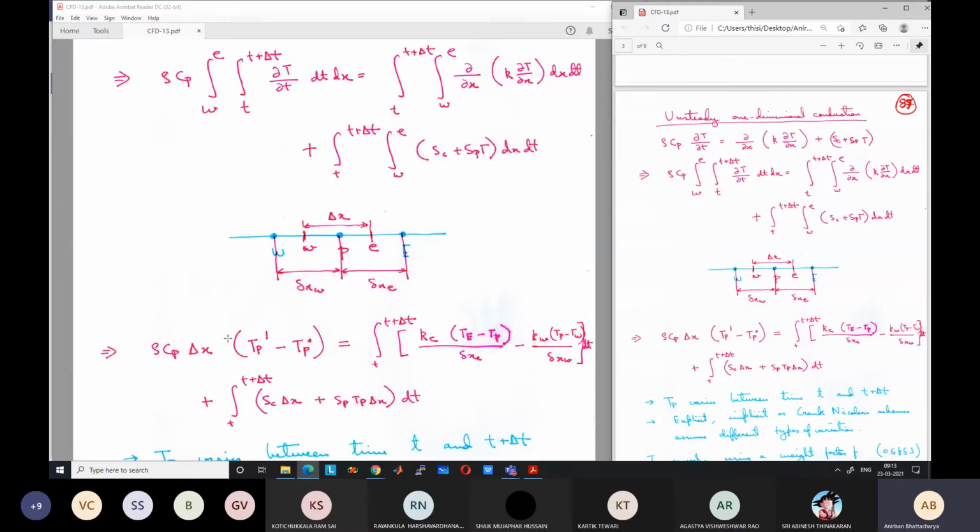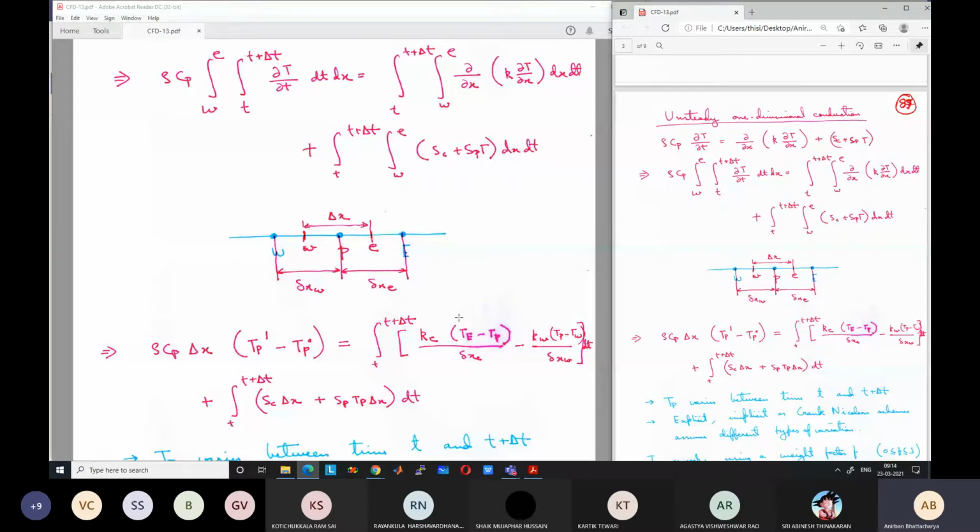Similarly, for the diffusive term, by integrating over space only we can do what we have done previously. It will lead to Ke (Te minus Tp) by delta xe minus Kw (Tp minus Tw) by delta xw, and then the integral of this from t to t plus delta t dt. For this space integral, we have assumed again that there is linear variation of temperature between the grid points, same as what we have done previously for our diffusive problems.